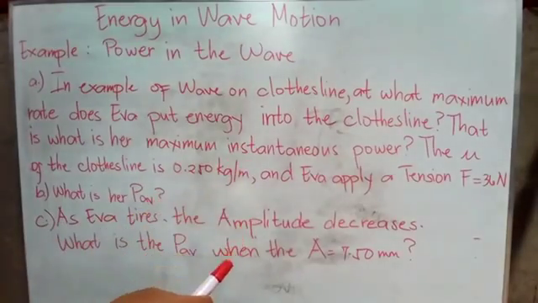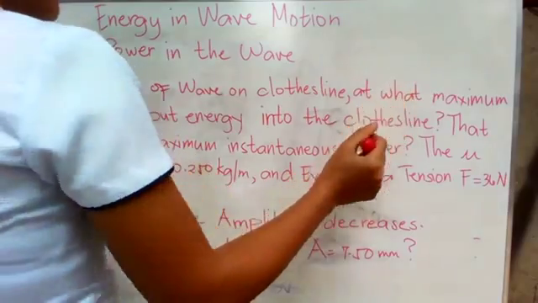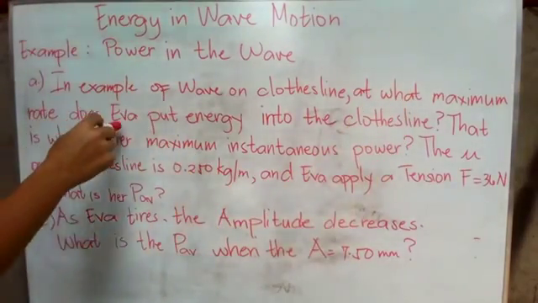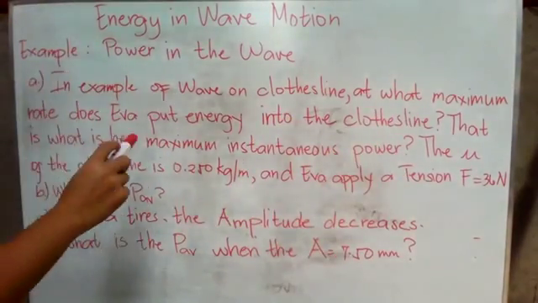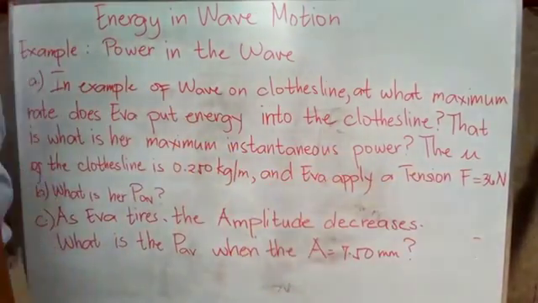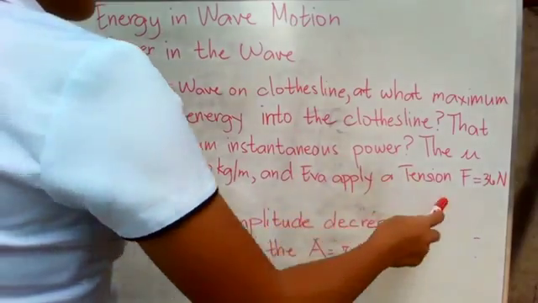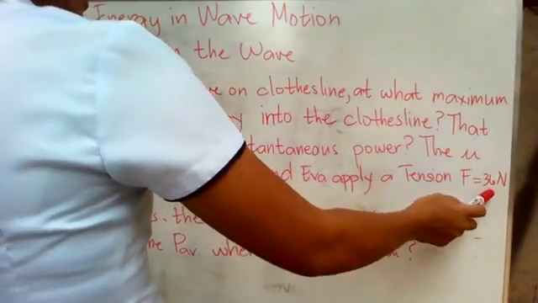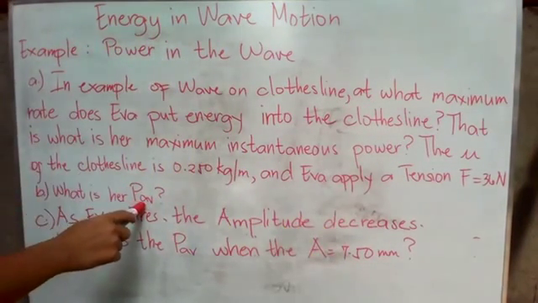Now we have here an example of power in a wave. In the previous example of the wave on the clothesline, the question is: at what maximum rate does Eva put energy into the clothesline? That is, what is her maximum instantaneous power? We are given the linear mass density of the clothesline, which is 0.250 kg per meter, and Eva applies a tension force of 36 newtons. In B, what is her average power?